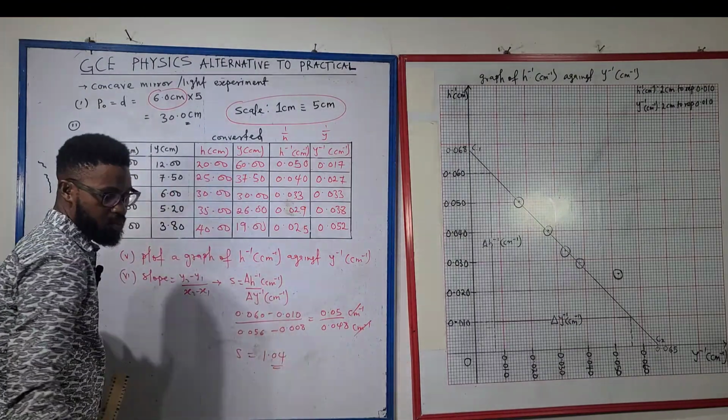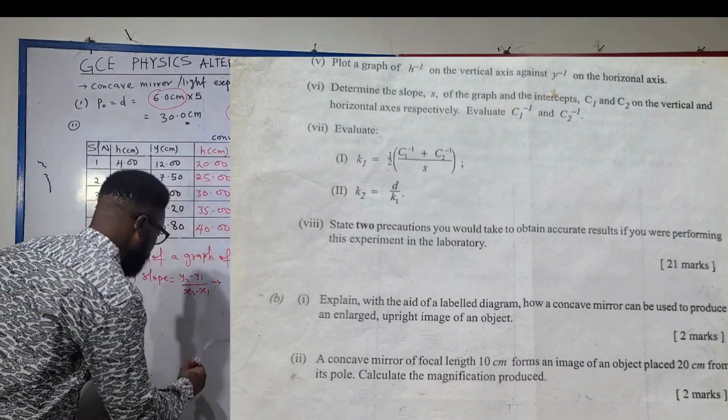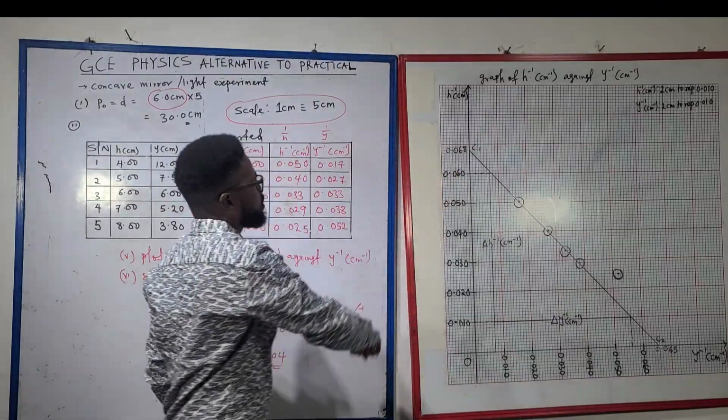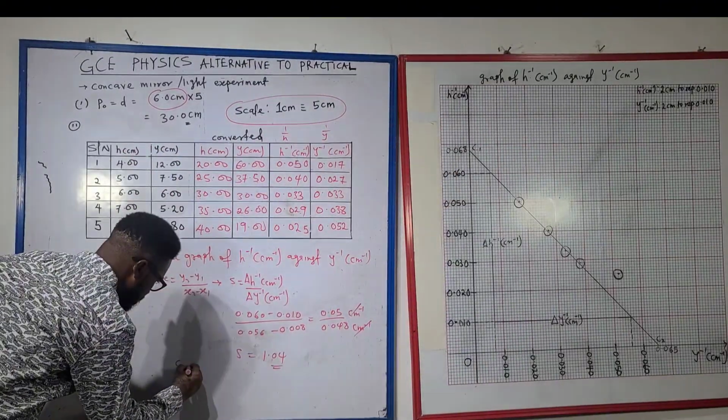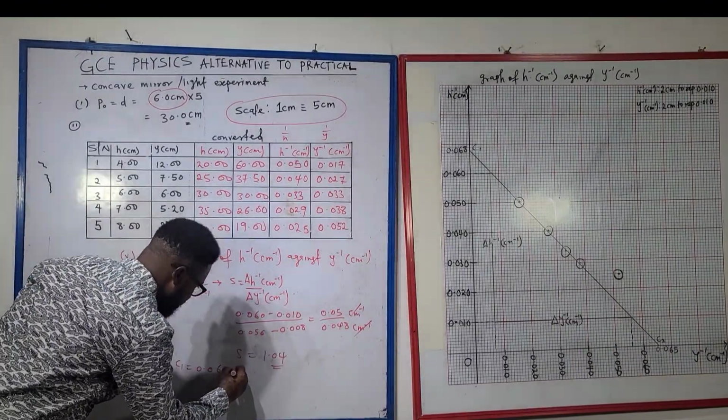So that is my slope. Also for question 6, I was told to get intercept C1 and intercept C2. Intercept C1 is what I have on the vertical axis, 0.068 per centimeter.